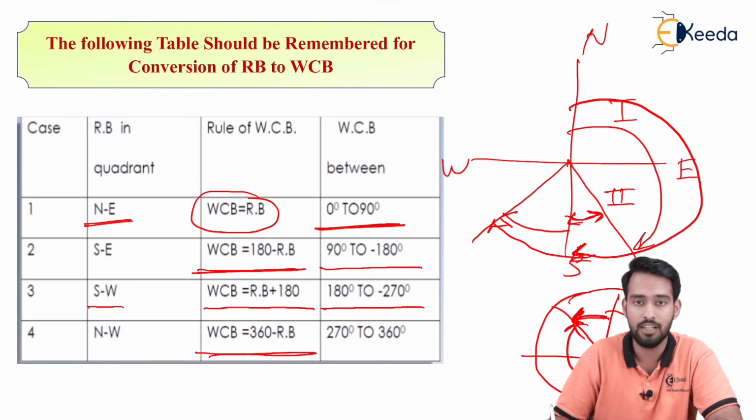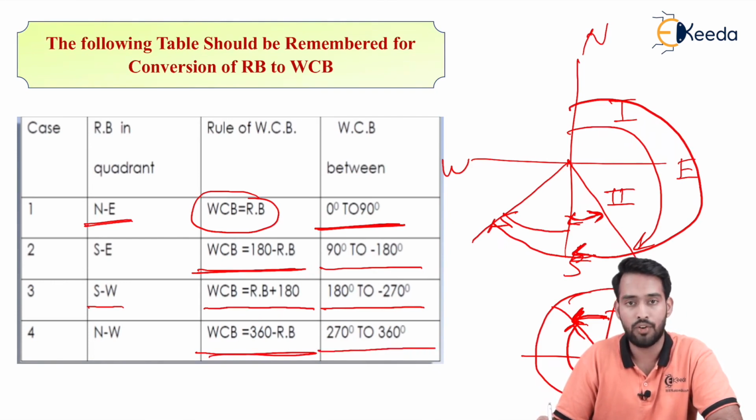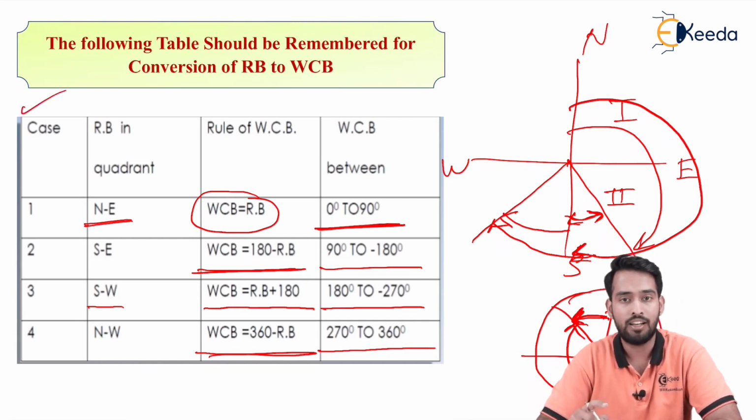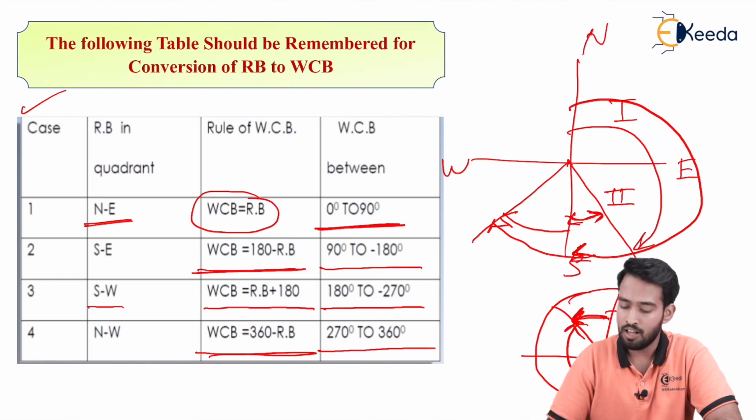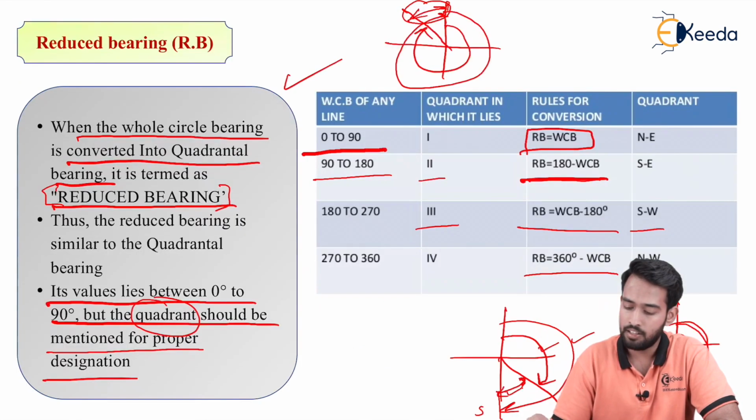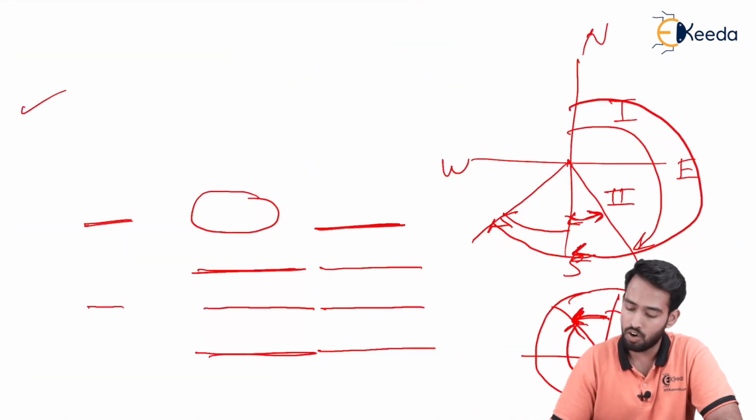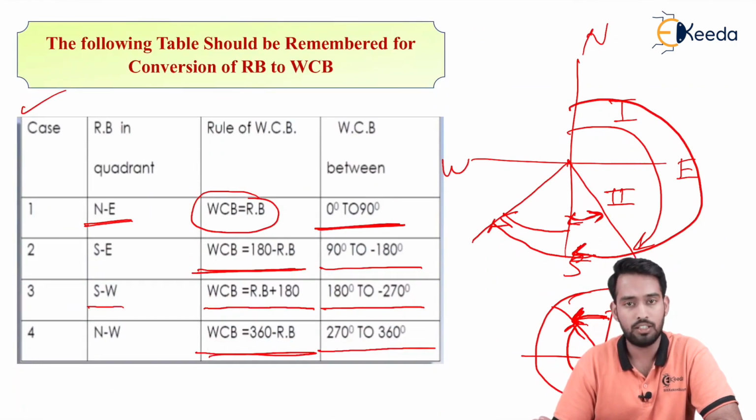So WCB will be 360 degree minus RB, and the angle will lie between 270 degree to 360 degrees. So this rule we have to keep in mind while converting RB to WCB. Either way, one table we have to keep in mind to convert WCB to RB or RB to WCB.